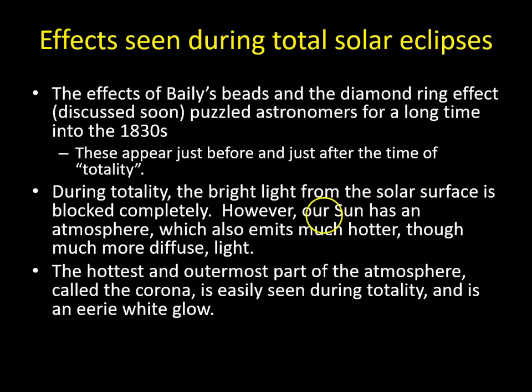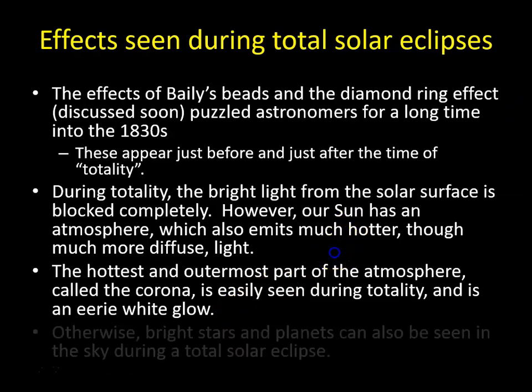But it's a very diffuse gas that you can really only see during a total solar eclipse, because at other times the sun's surface is so bright, because there's so much more energy coming from it, even if it's lower in temperature, that it blots out the corona. It's like the corona basically disappears, and then you need an eclipse to block out the sun's surface in order to see the corona.